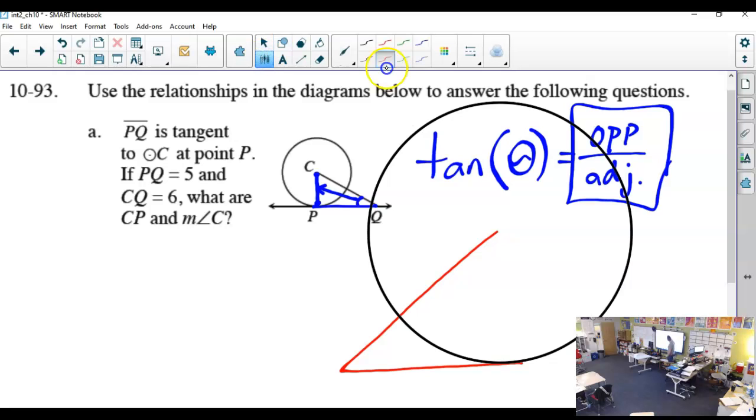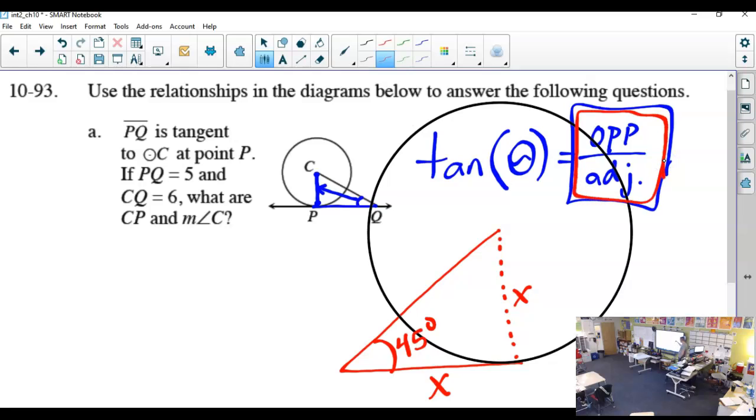So this angle that I said was 45 degrees would tell me that the radius of this circle is equal to this tangent length. And if I reduce my angle size, then this relationship still has to be true.